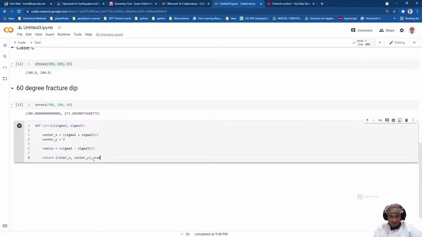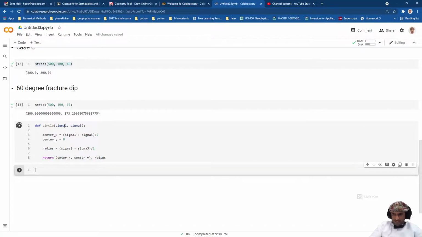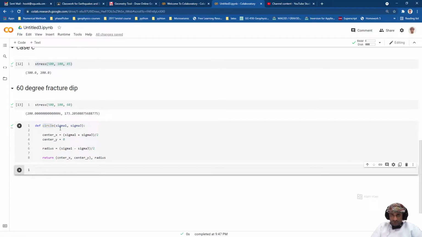The next value is the radius. This is exactly the value you see here. I run the cell. They have the function ready. It needs two inputs, sigma 1 and sigma 3. Let's get the input and see what our return values are.